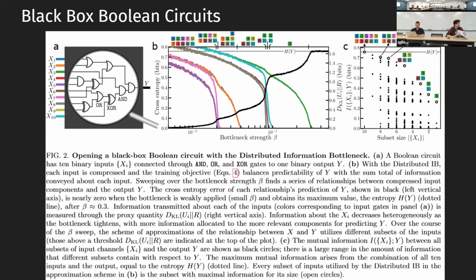No. Okay. Looking at this circuit, over the course of the sweep, you see different subsets of the input in the approximations of the relationship between X and Y. Yeah, I also am not entirely clear on this particular example. I think the following, because it goes against system theory and system engineering, right?